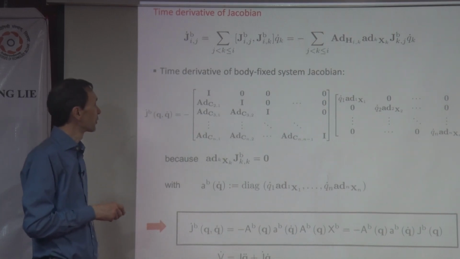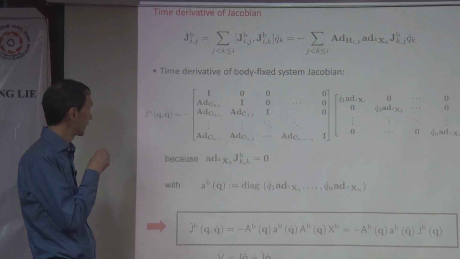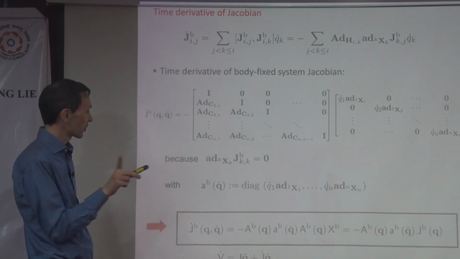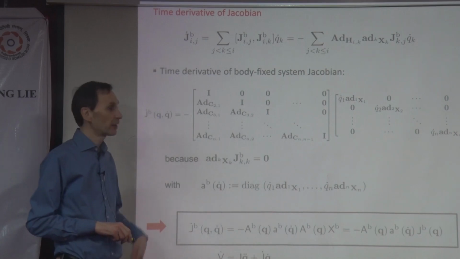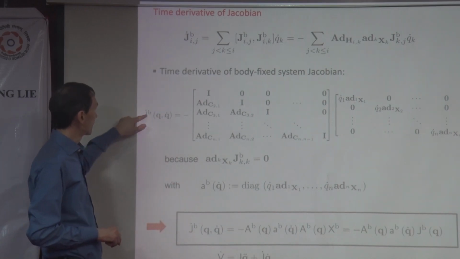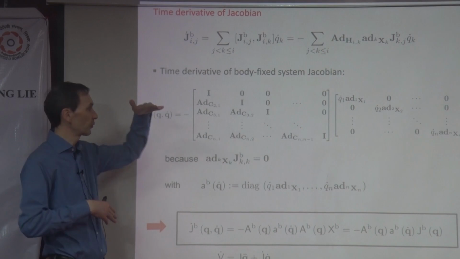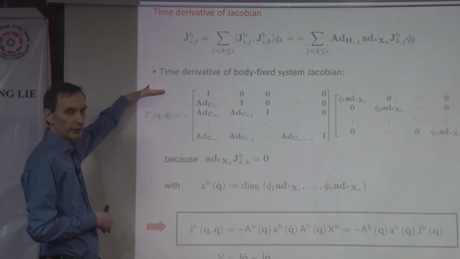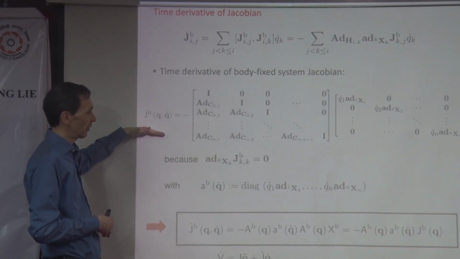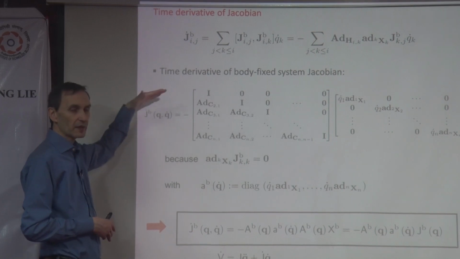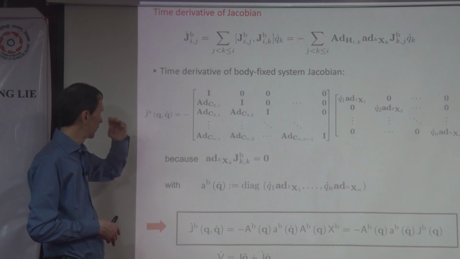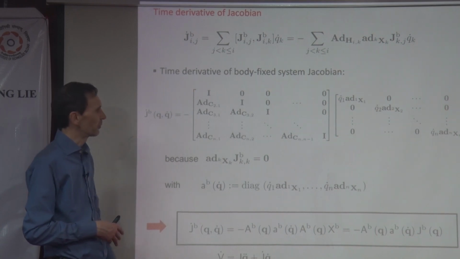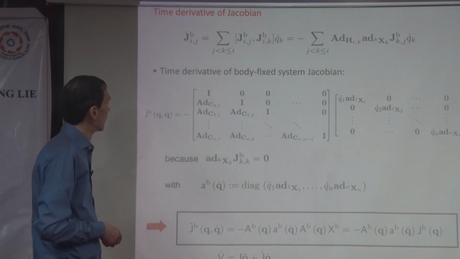So what was the system Jacobian? That was the one where we have the Jacobian for body 1, body 2, up to body n. So it's a 6n times n matrix.